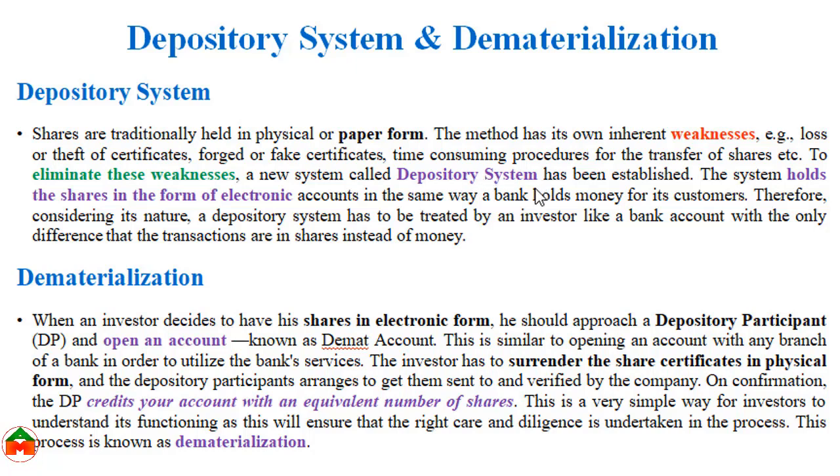By this system, the Central Depository Authority maintains all the information of purchasing and selling of shares by the investors. That means in the depository system, the authority maintains electronic accounts. This is a digital system by which the Central Depository System maintains the information of who is purchasing and who is selling the shares.